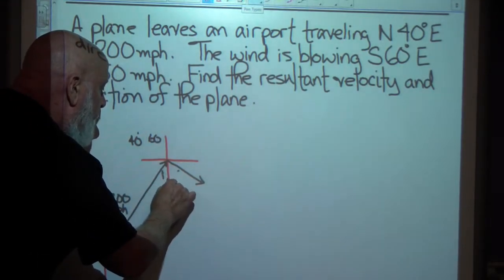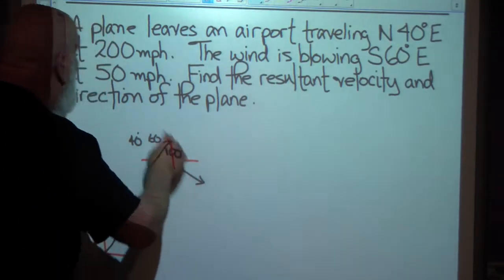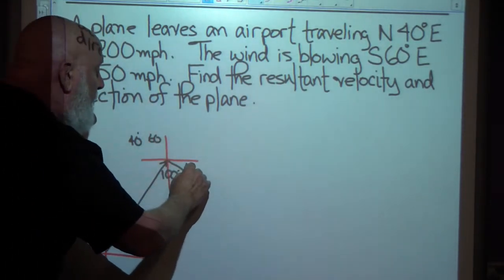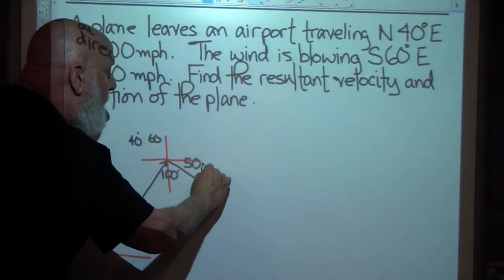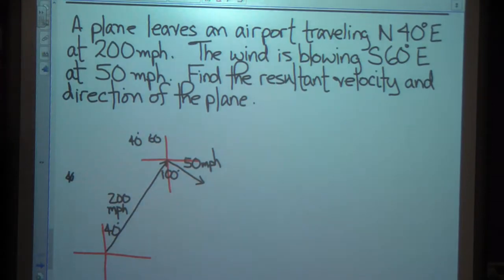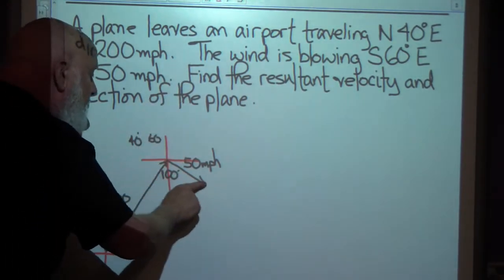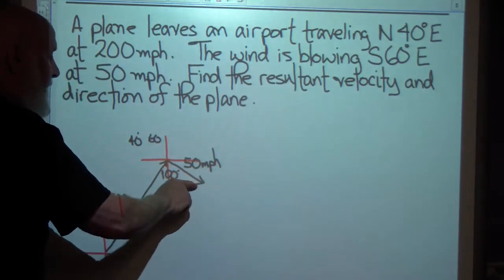This is a 100-degree angle. That's very helpful. This thing represents 50 miles an hour. I'm almost ready to solve this puppy. So I went north 40 degrees east, and then south 60 degrees east.